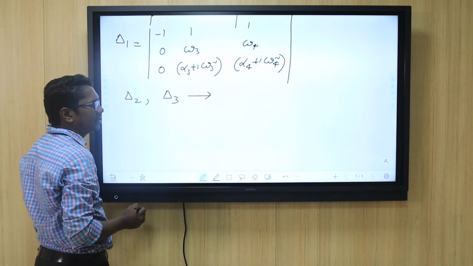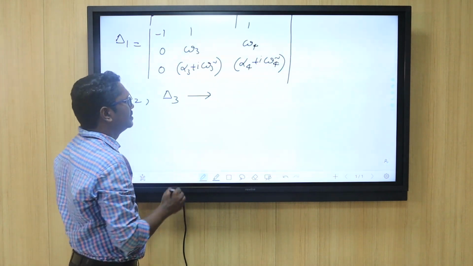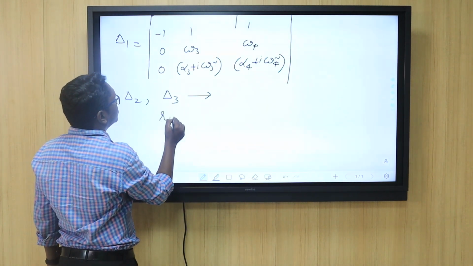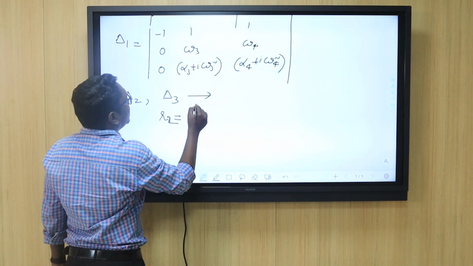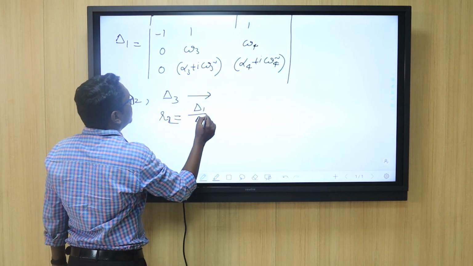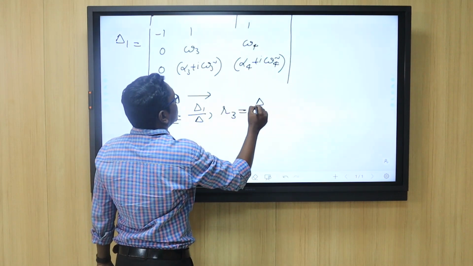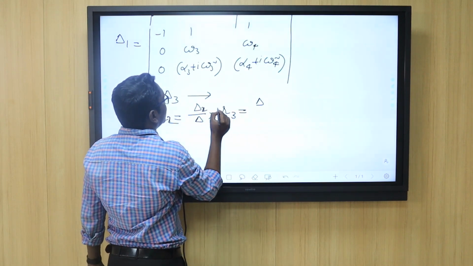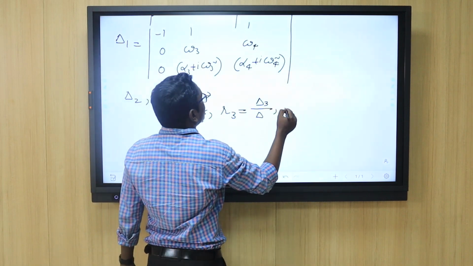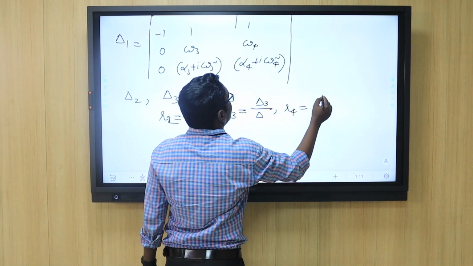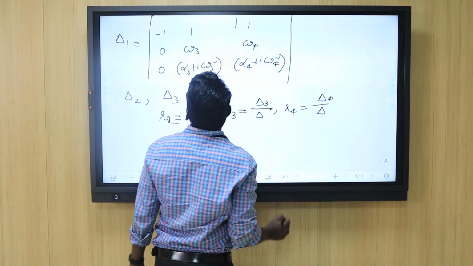So finally, after getting delta 1, delta 2, delta 3 and delta, we will get R2 as delta 1 by delta, R3 as delta 2 by delta, and R4 as delta 3 by delta.